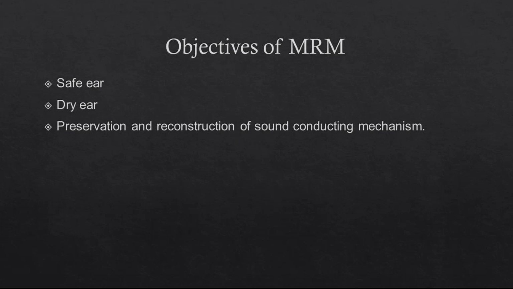But preservation means you have to preserve the stapes footplate in the worst scenario. So stapes footplate, even in radical mastoidectomy also, is never removed, because if you remove the stapes footplate, then the perilymph will come out and the patient will have a total hearing loss.